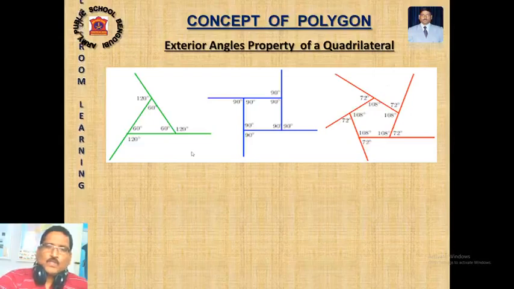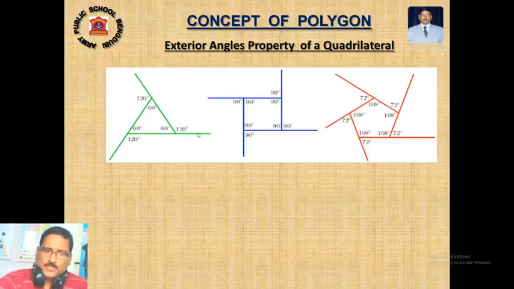Now in the case of a triangle, if I extend any of its sides exteriorly, it will form an angle. This is called the exterior angle. Since it is an equilateral triangle, each angle is 60, and the exterior and interior angles always form a linear pair.